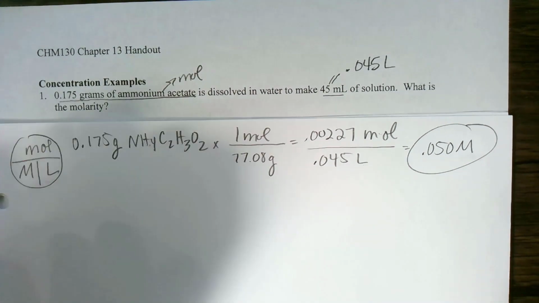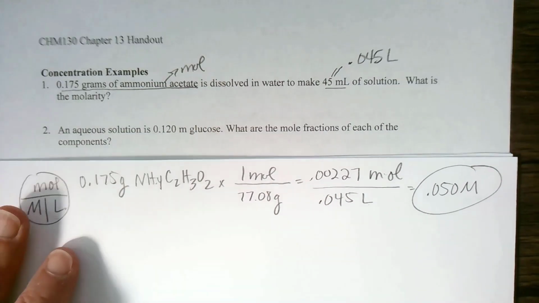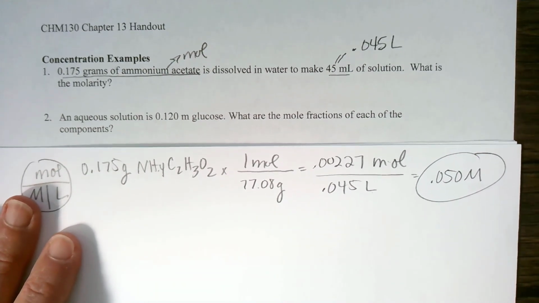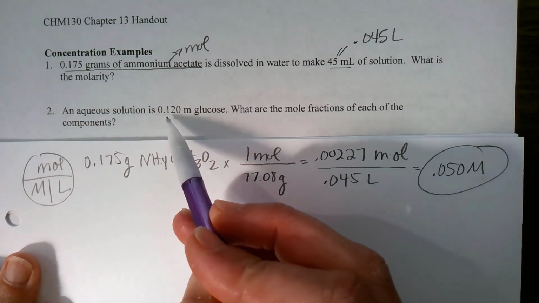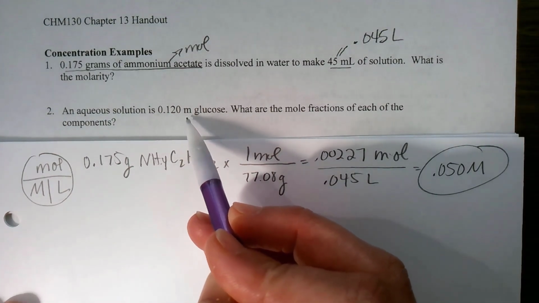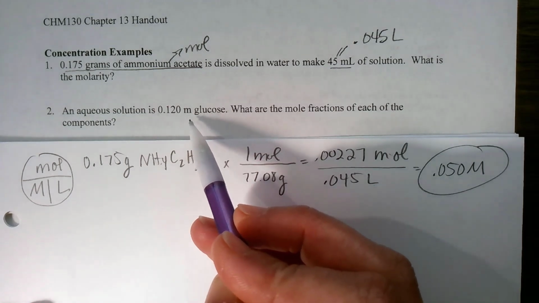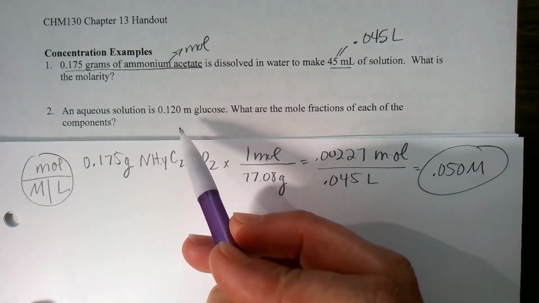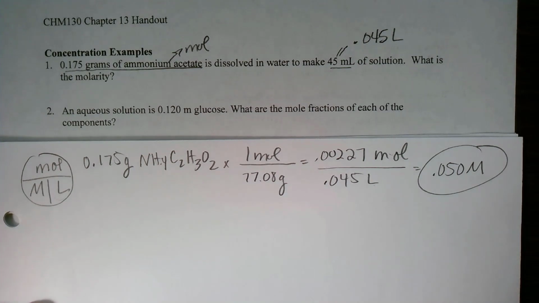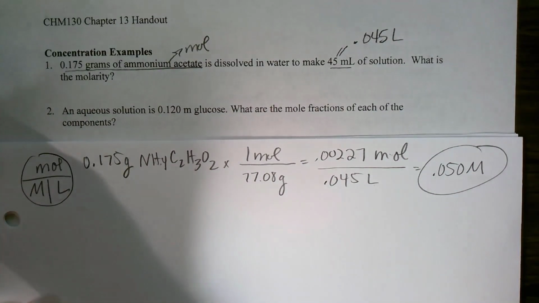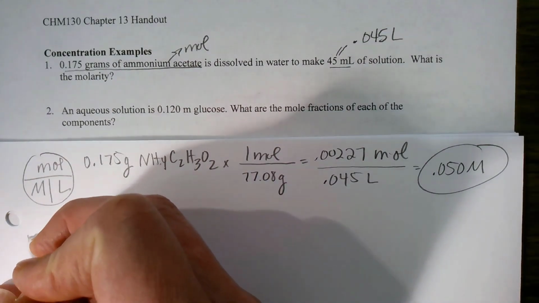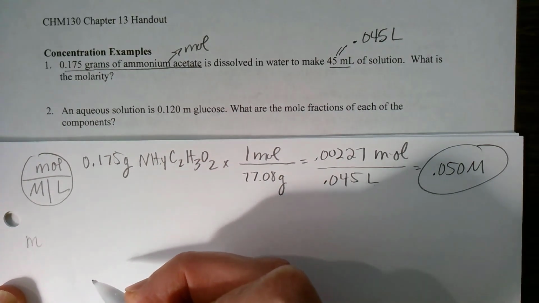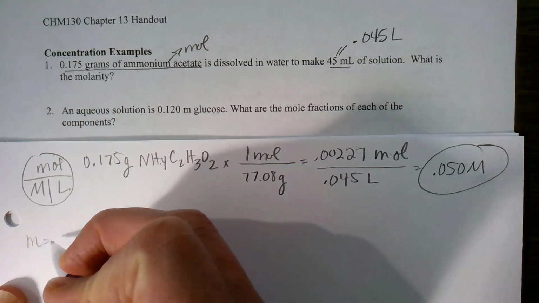All right, let's look at number 2. We have an aqueous solution that is 0.120 little m. That stands for molality of glucose. What are the mole fractions of each of the components? Okay, so remember, molality, little m, is moles per kilogram.